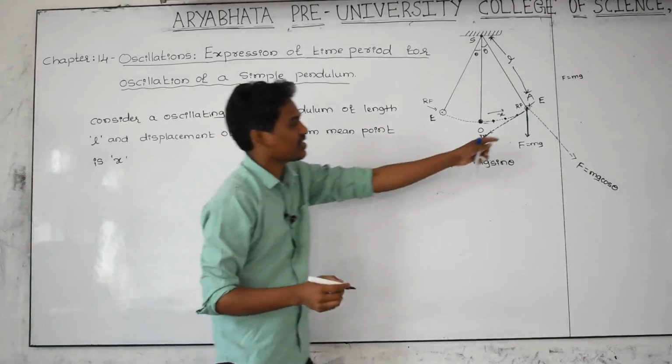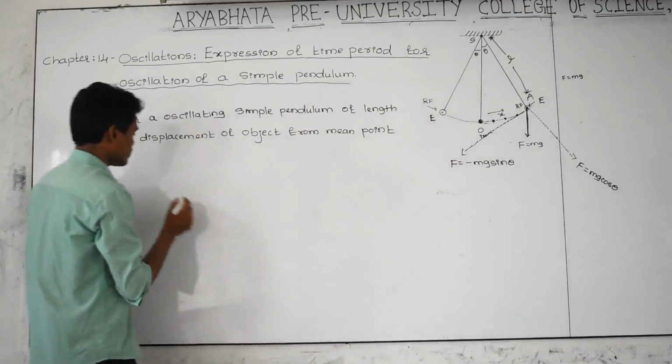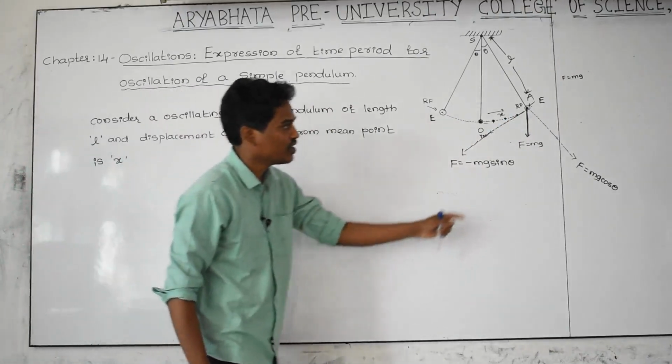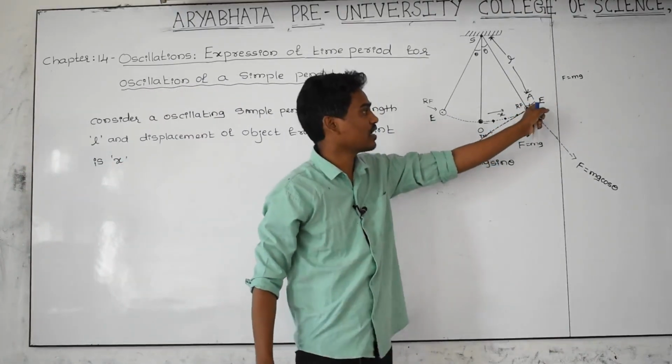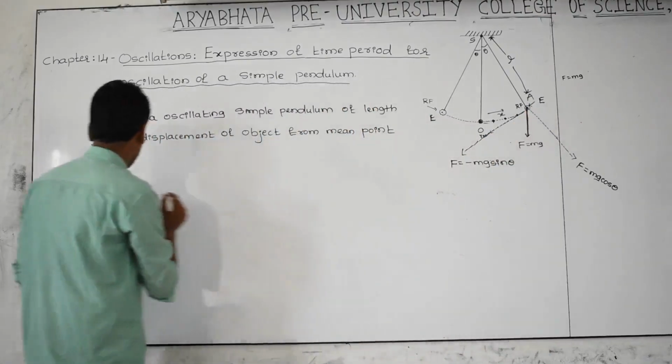When the body is at the extreme point, what is the force acting on the body in the downward direction? That is F equal to mg.